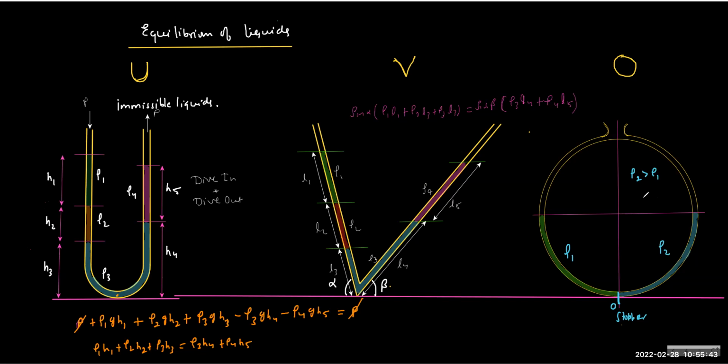So in a normal situation, when there is no stopper, the pressure at the bottom due to the right liquid will be bigger than the pressure due to the left liquid, correct? Yes or no? Yes, sir. So it means the liquid will not remain this particular way, rather rho 2 will slide down and the rho 1, the green one, will go up. Okay.